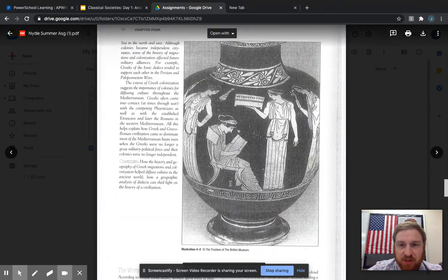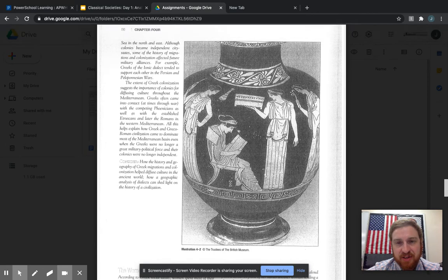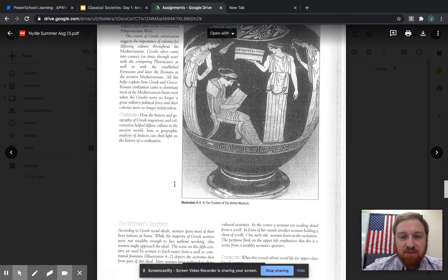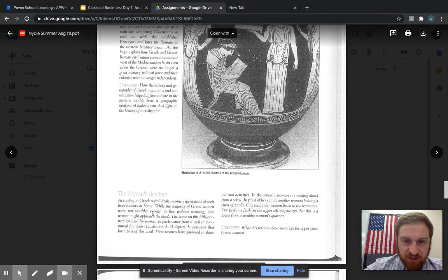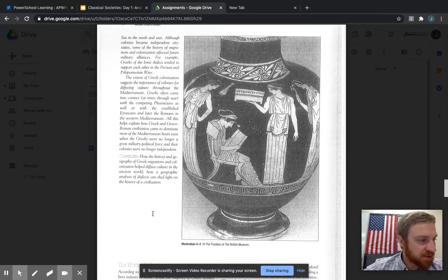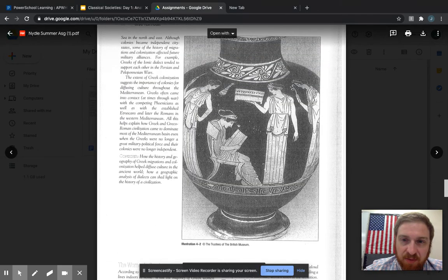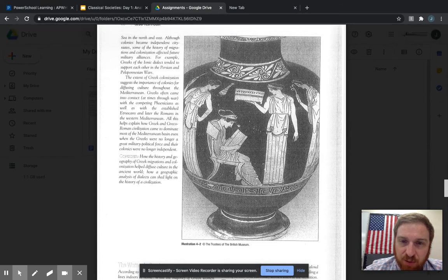The women's quarters is not a written document, it is a physical one. But when you're analyzing that document, some things to think about are what type of woman or women are present. Since you don't have a full writing, though you do have a little explanation down here, look at the objects, the scrolls, and with scrolls being present, what social class or status of women do we probably have?